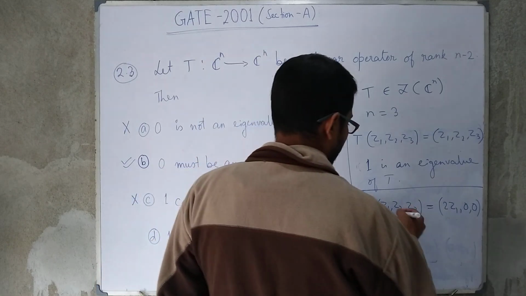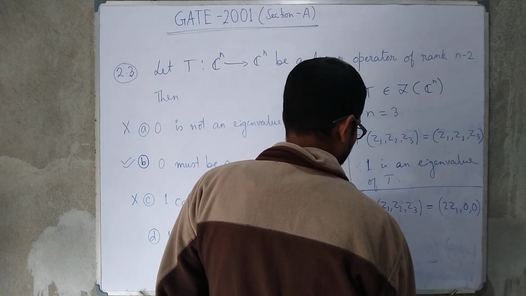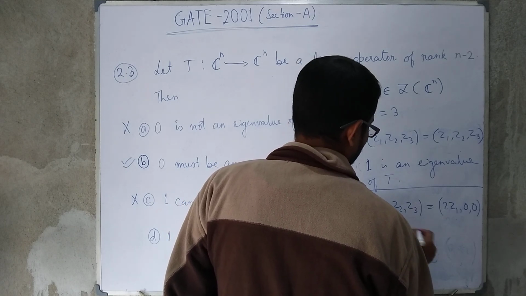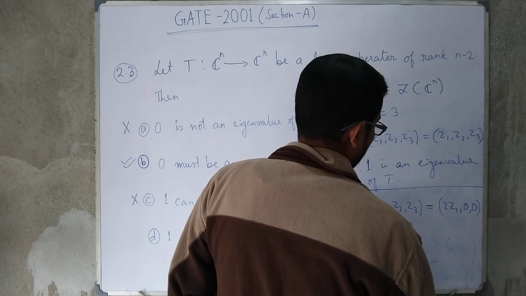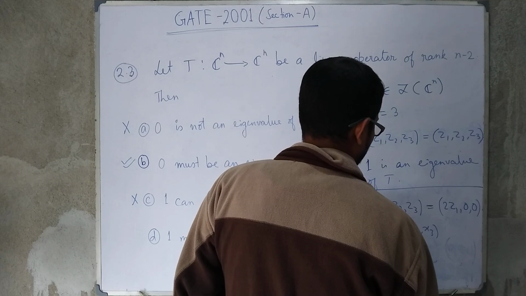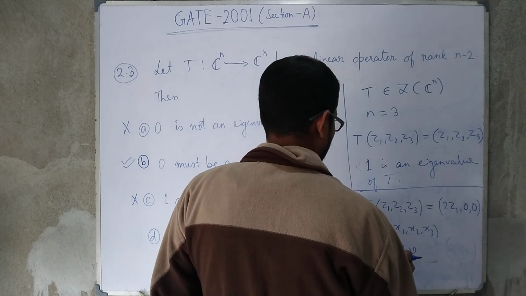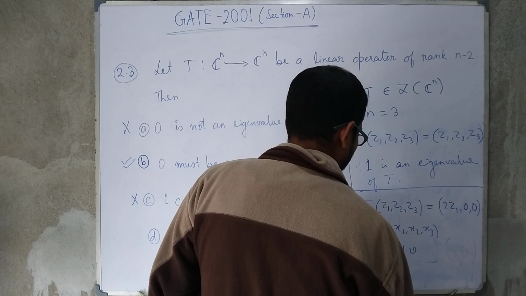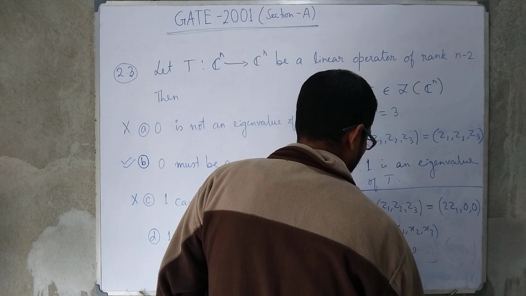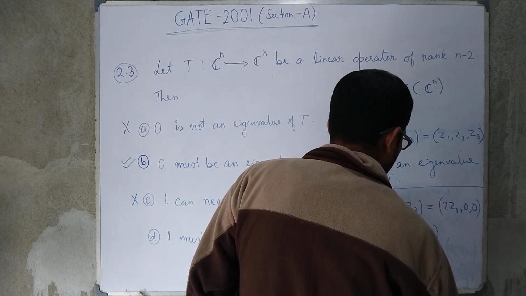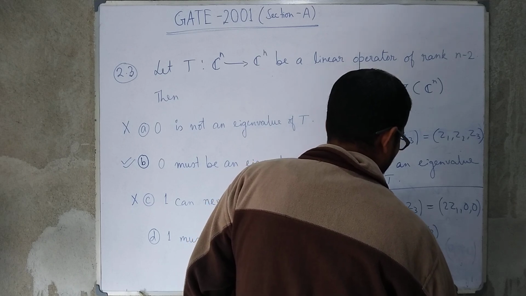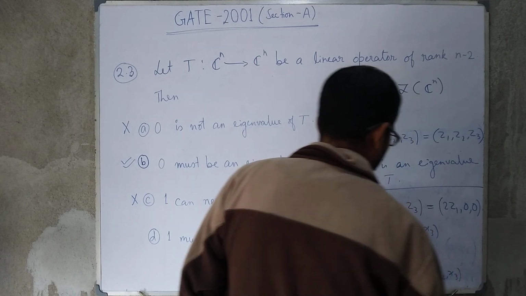If 1 is an eigenvalue of this T, then there is a non-zero vector v equals (x1, x2, x3) such that T v equals 1 times v. To solve this, T(x1, x2, x3) is (2x1, 0, 0) equals 1 times v, that is (x1, x2, x3).